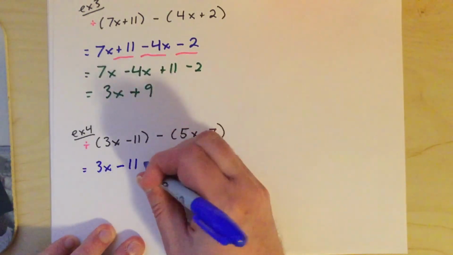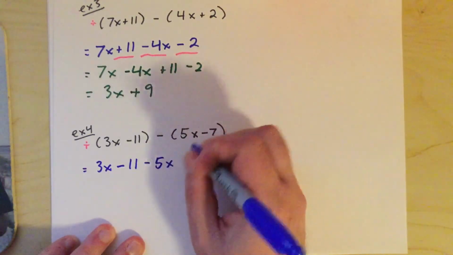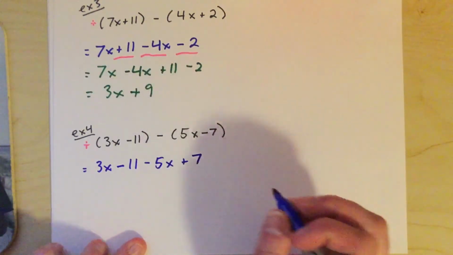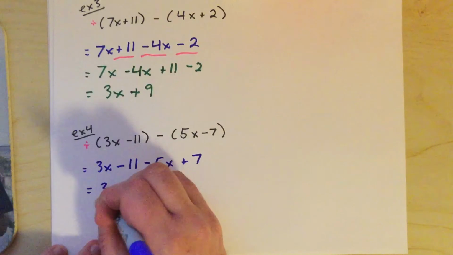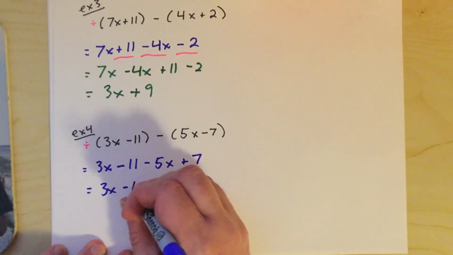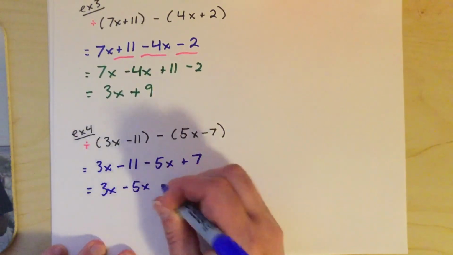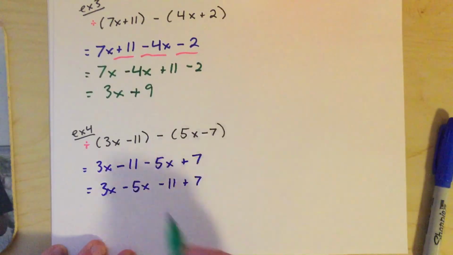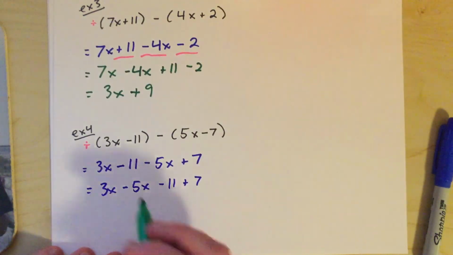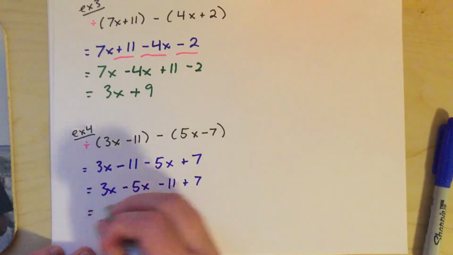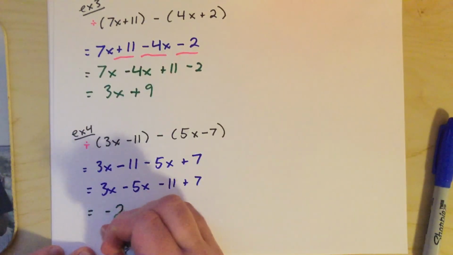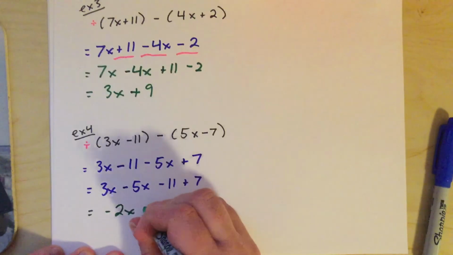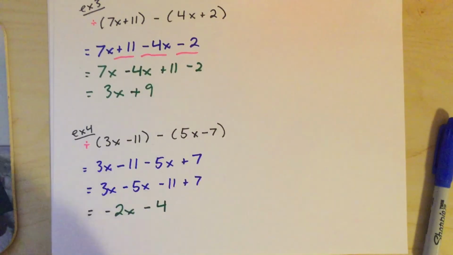The plus becomes a minus, the negative becomes a plus. 3x, the 5 drags the negative with it. The 11 drags the negative with it. Plus 7. Now we're on the combining like terms step. 3 minus 5 is minus 2x, negative 11 plus 7 is negative 4.